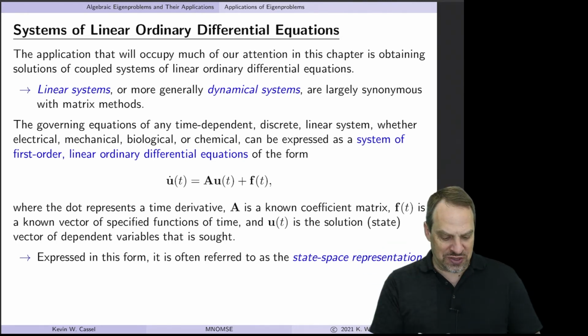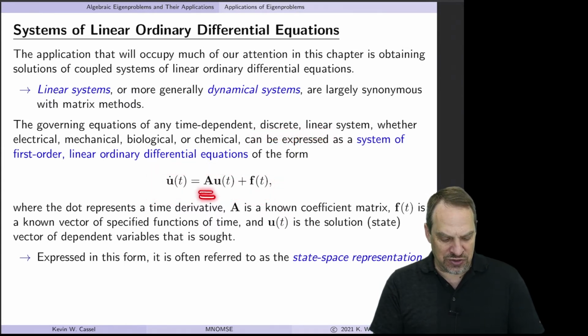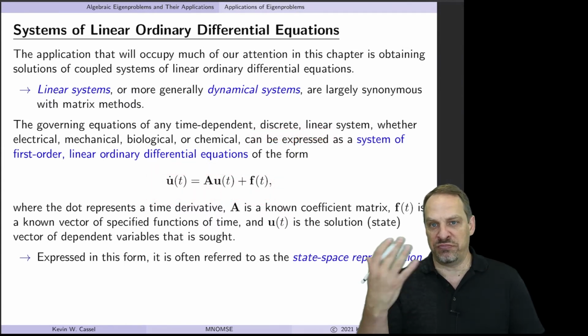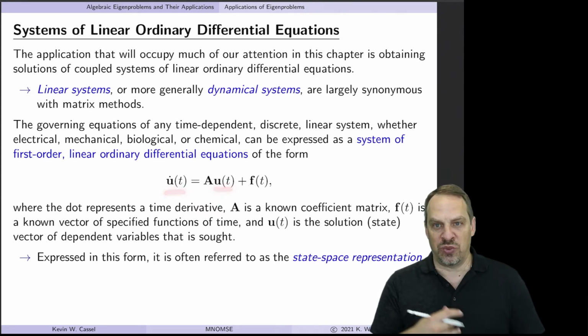So for a discrete system, and in this case a discrete linear system for now, we'll talk about nonlinear systems at some point, but for now let's just think about discrete linear systems. We can encapsulate the dynamical system's governing equations in terms of a system of first-order linear ODEs of this form. So A here is a coefficient matrix that comes from the physics of the system. u is the state vector that we're looking for.